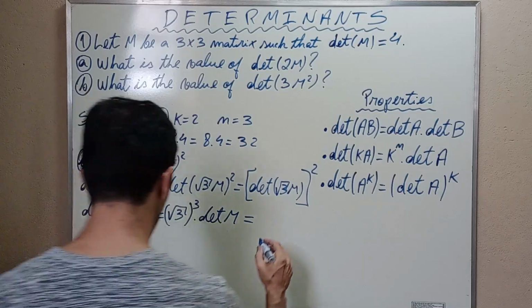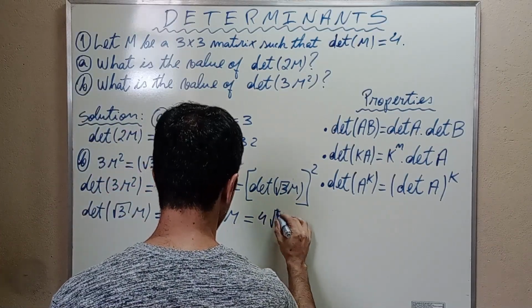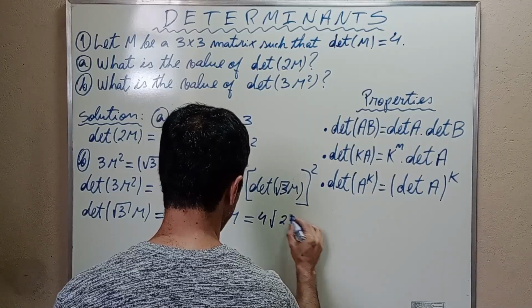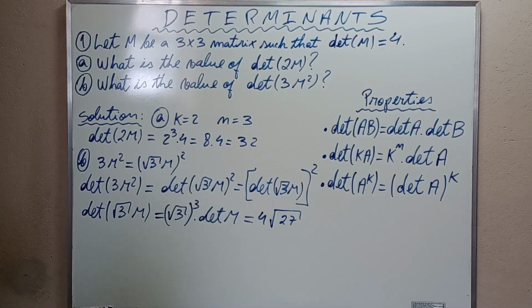Then this is equal to 4 times the square root of 27. 3 cubed is 27. Now we use this property here.